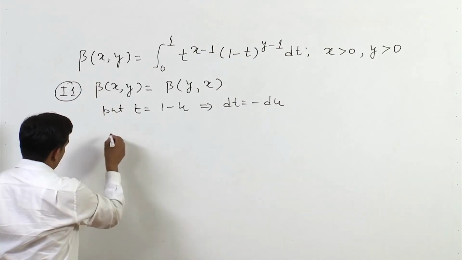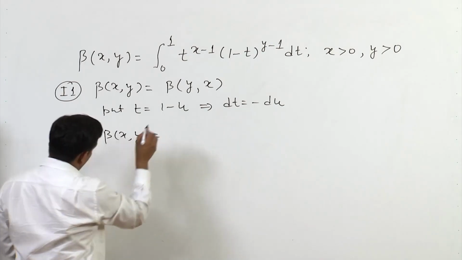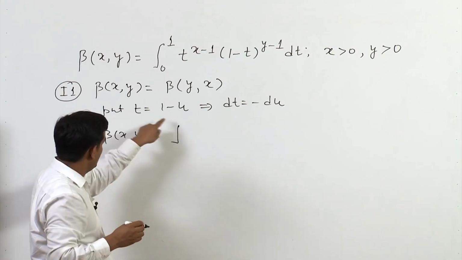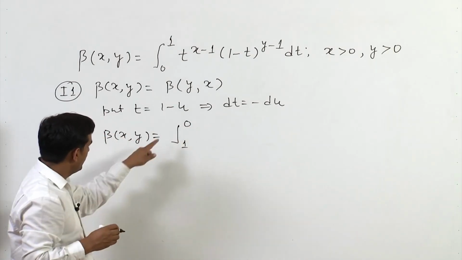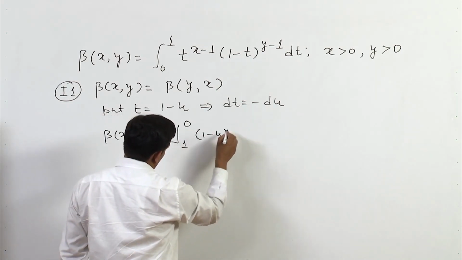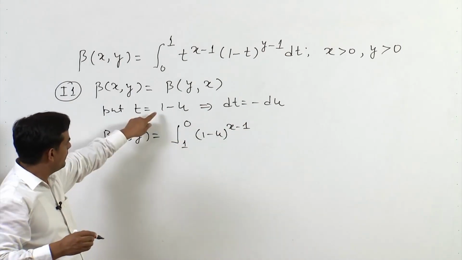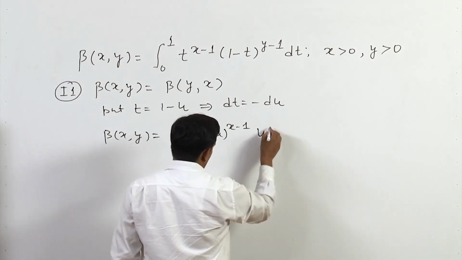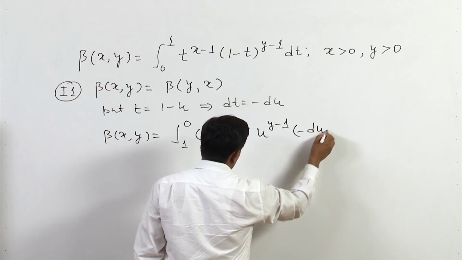Beta of x, y will become, by this substitution, when u is 0, t is 1, so the limits are 1 to 0, and then t will be 1 minus u raised to power x minus 1, and 1 minus t will become 1 minus 1 plus u, so u raised to power y minus 1, and then minus du.